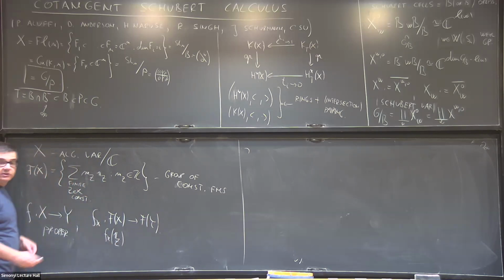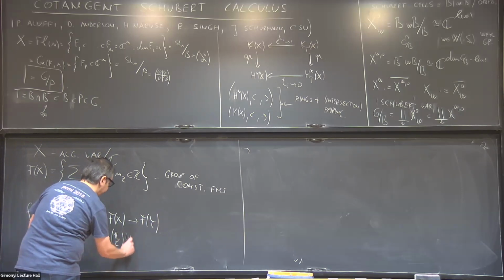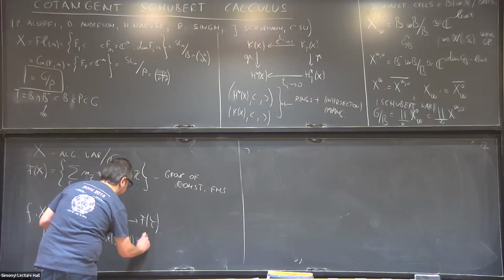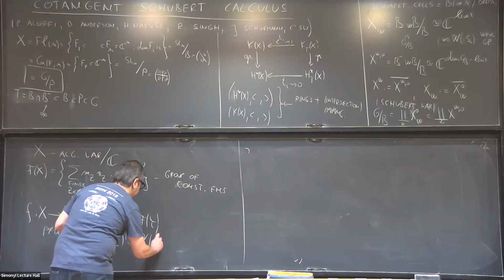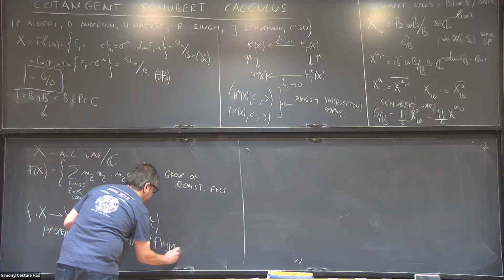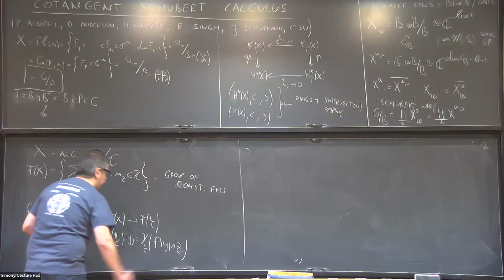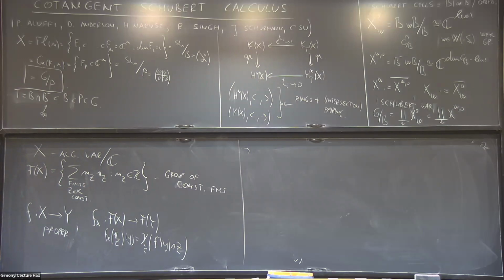Well, this has to be a constructible function on Y. So if I evaluate it at a point of Y, this is going to be the Euler characteristic of the preimage intersected with Z. Now I have to be careful. Normally I should put here Euler characteristic with compact support, and this would be true. But over C, the compact support and non-compact support are the same. In general, you want to put compact support.